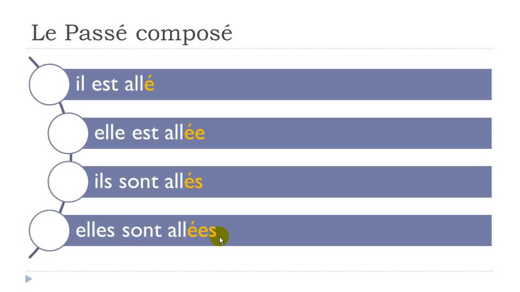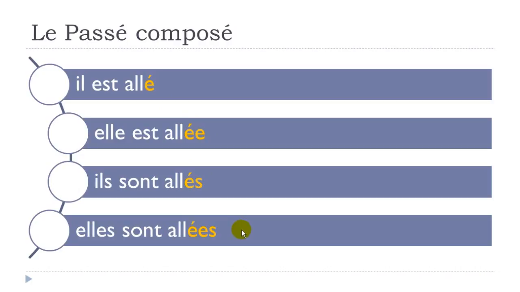Okay, keep in mind one thing. If you want to use French orally, so if you want only to talk, the good thing here, listen to me: il est allé, elle est allée, ils sont allés, elles sont allées. So the good news for you is that even if you write them differently, you will pronounce it the same way.